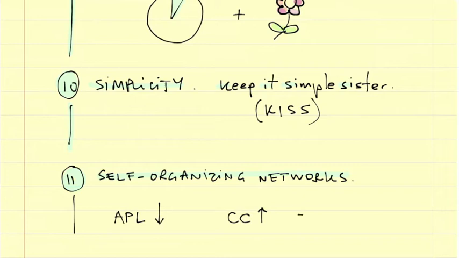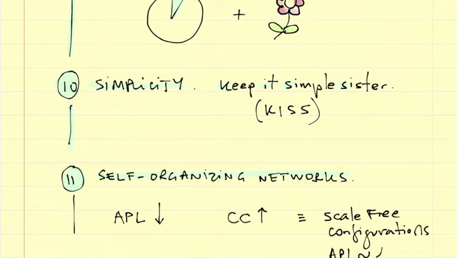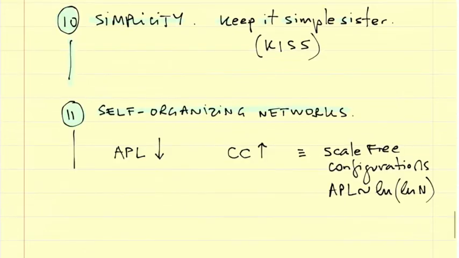In other words, we're looking for scale-free configurations with an average path length that is proportional to the logarithm of the logarithm of n, and this delivers best results.